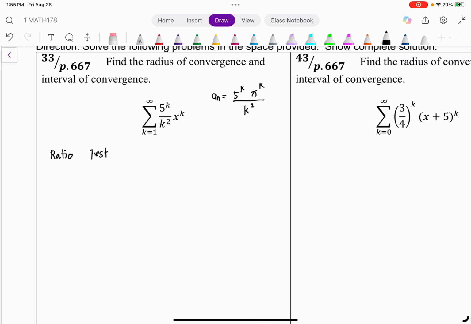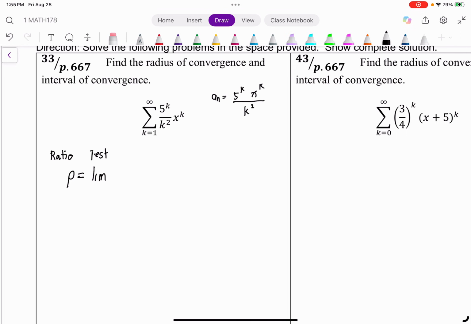So what is the condition for convergence in a ratio test? Your ρ, which is the limit of a sub k plus 1 over a sub k as k approaches infinity, must be less than 1.